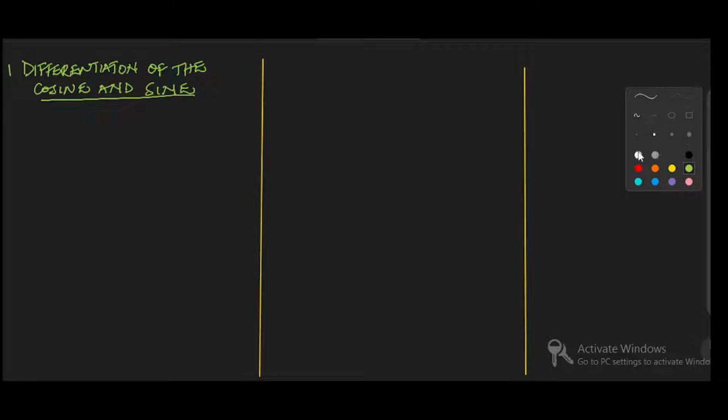So this is what we are going to look at: differentiation of the cosine and the sine. This is what we are going to discuss throughout this part.